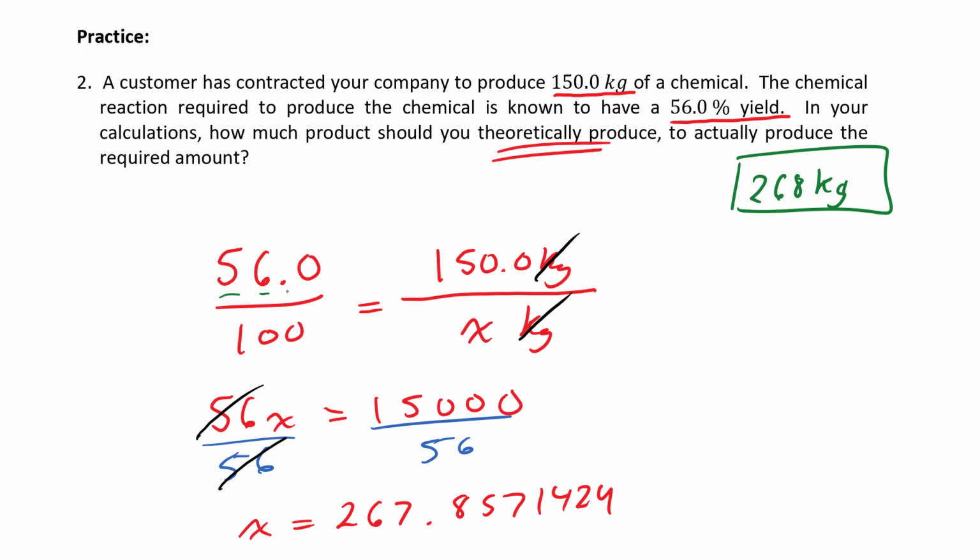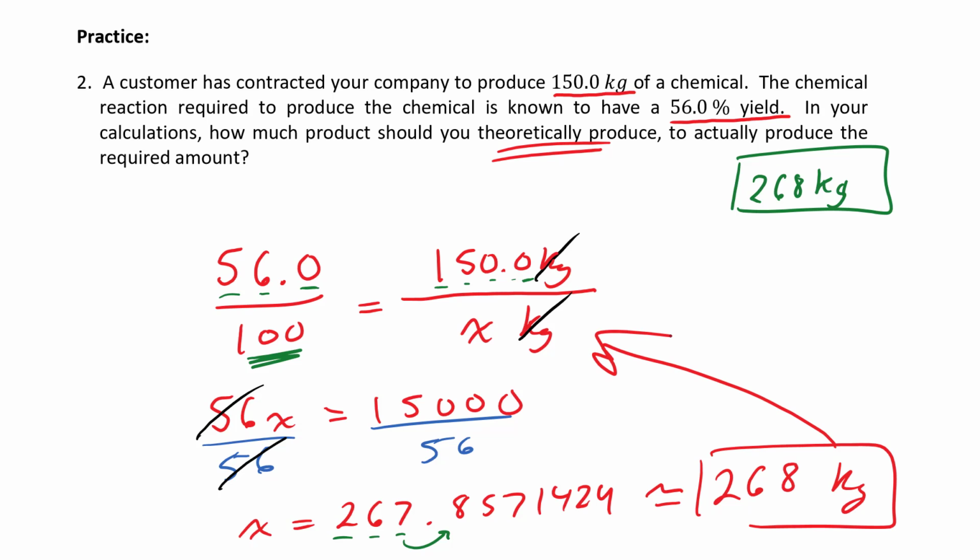Significant digits. 3, 4, that's an exact value. Going to round this off to 3 significant digits. It's approximately equal to 268 kilograms. Guess I didn't have to cancel it out. It's going to be x kilograms right there.